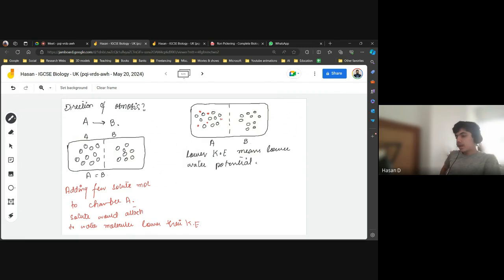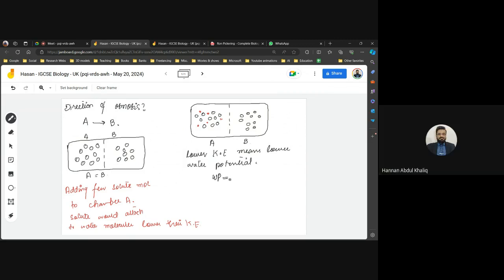So B would have a higher water potential because its kinetic energy hasn't been affected. A would have lesser water potential compared to B now. The situation is reversed.